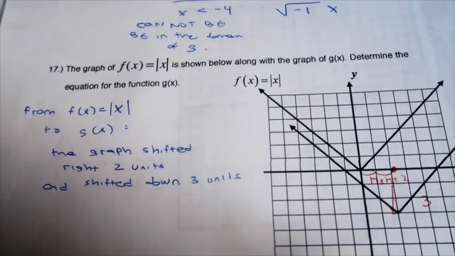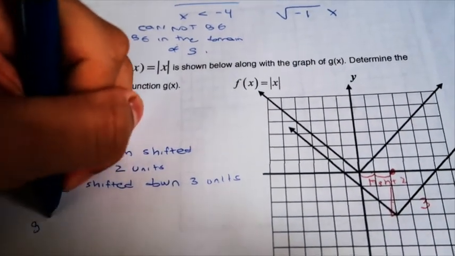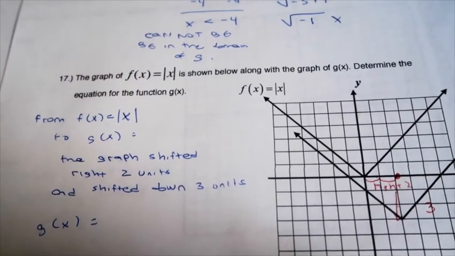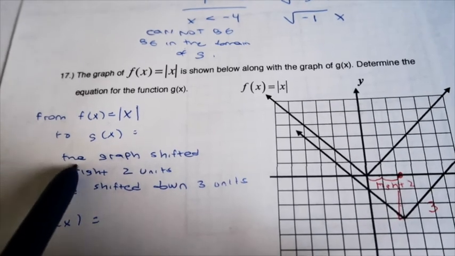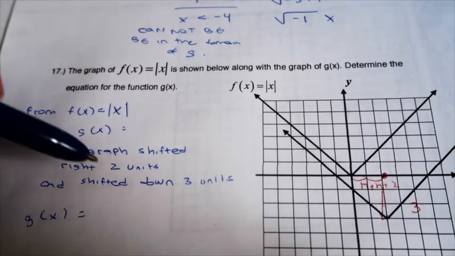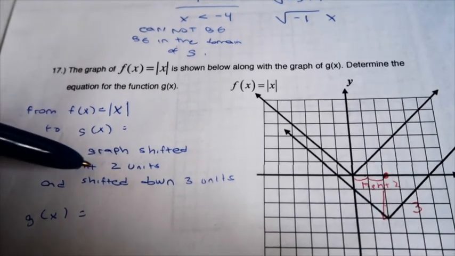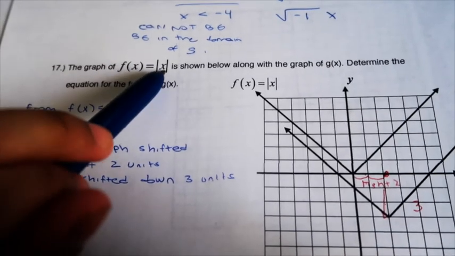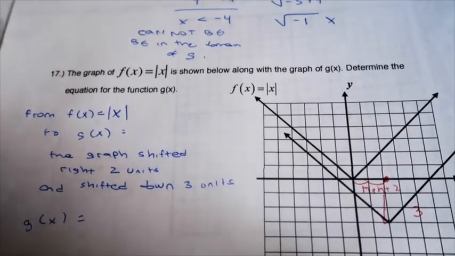Now to write this g(x), if we go back to what I posted for the rules for shifting, we would see that to move right 2 units, we would have to subtract inside the absolute value.